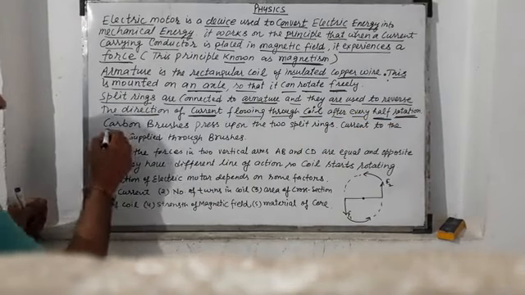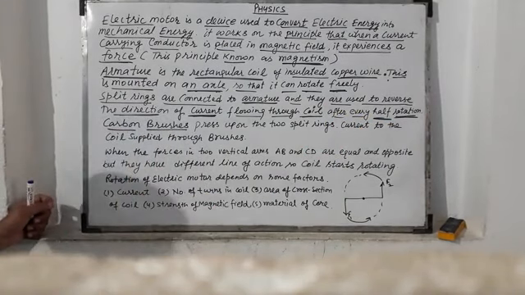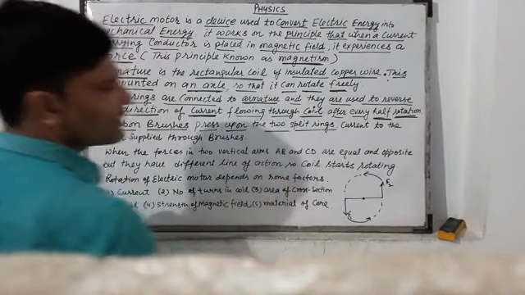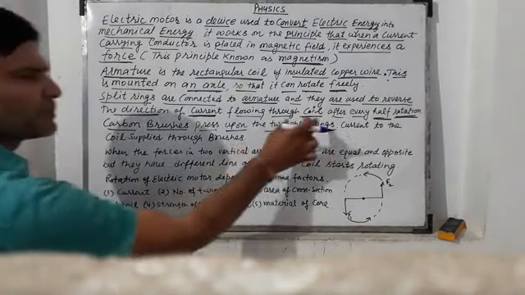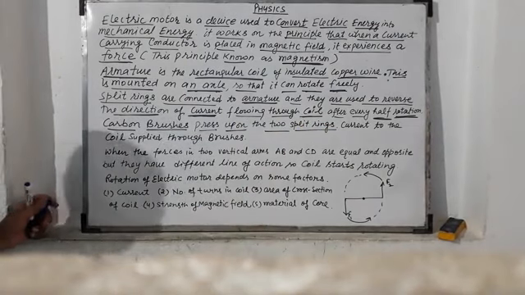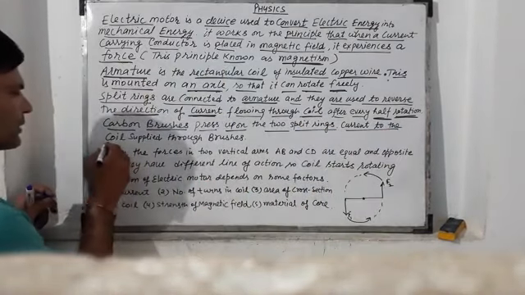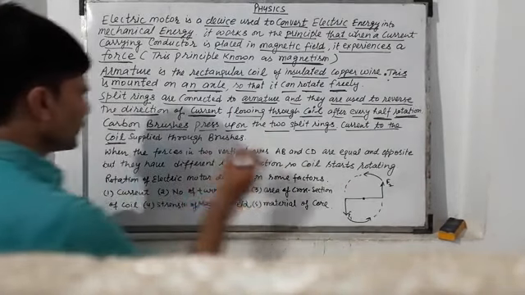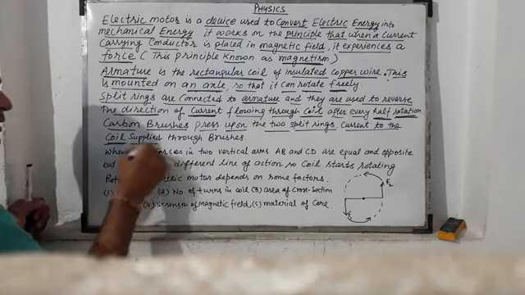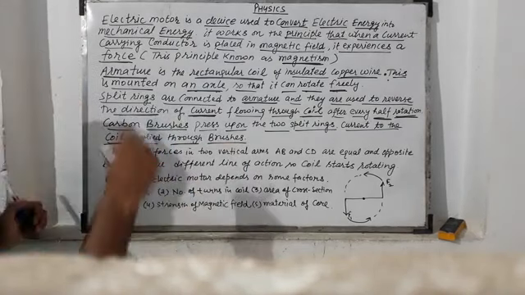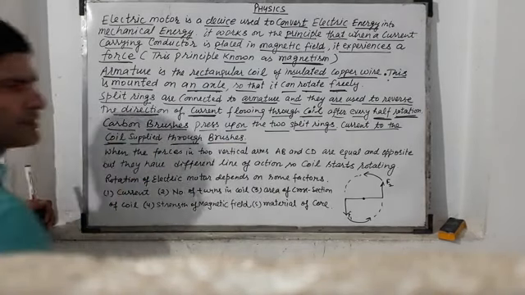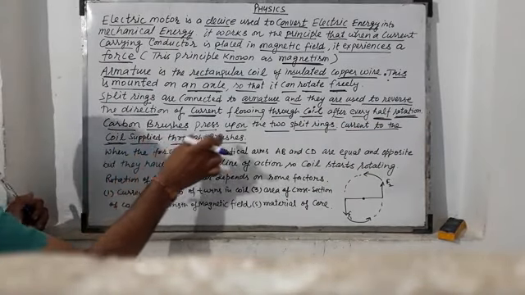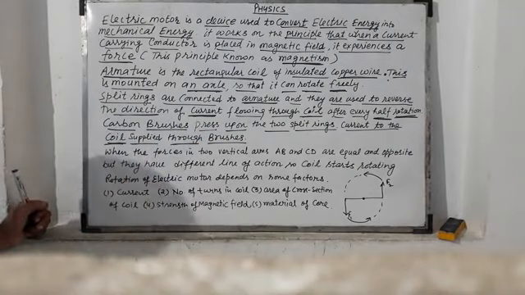Now the carbon brushes. Carbon brushes press upon the two split rings. They are connected to split rings. Current to the coil is supplied through carbon brushes.